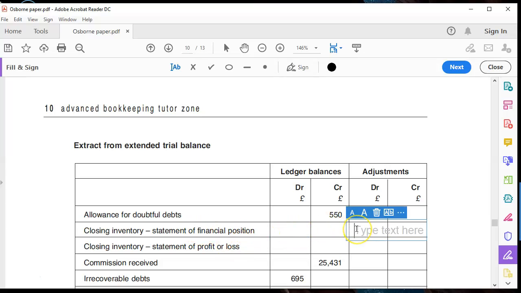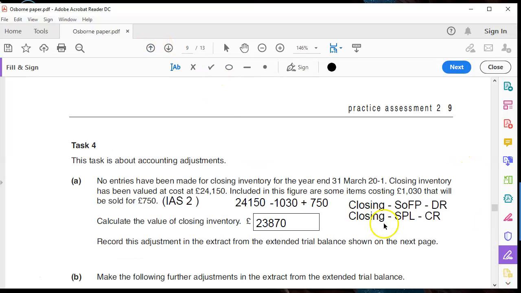Closing inventory SOFP is debited 23,870 and closing inventory SPL will be credited 23,870. Sometimes you do not have both the columns, you will have only one closing inventory column. In those circumstances, you both debit and credit the same column, one for SOFP and one for the SPL.